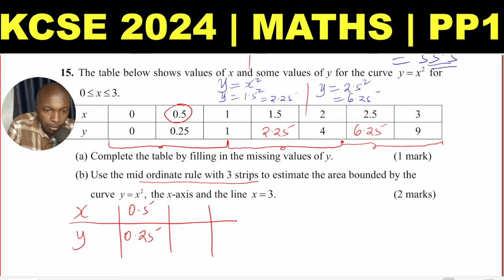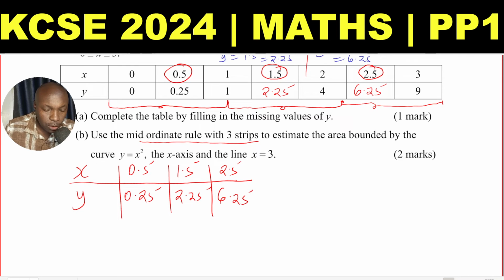Then the second strip begins from 1 to 2, so the midpoint of that strip is 1.5. So when x is 1.5, y is 2.25. Then the third strip begins from 2 to 3. Pick the midpoint of that strip, so 2.5, and then the y value will be 6.25. So this is now what you're supposed to use.